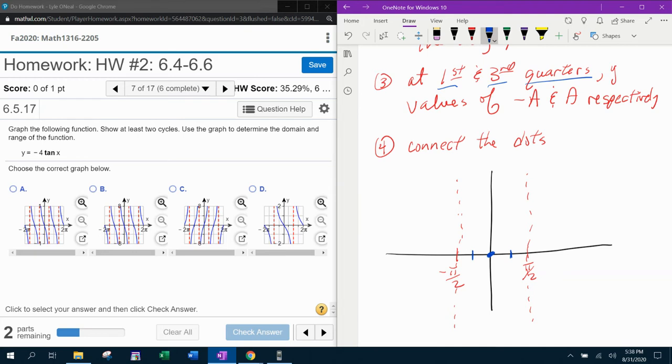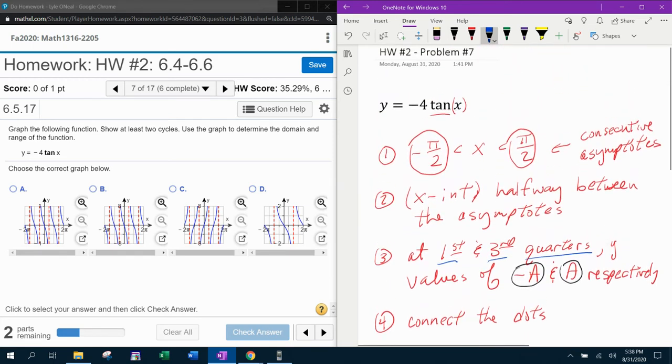Okay, so this would be the first quarter, second quarter, third quarter, and then 4 quarters make a whole space. Do you see what I mean by quarters? It breaks it up into 4 spaces. Whoops, and I got rid of my y-axis. There we go. So at the first quarter, we're going to be at negative a, and at the third quarter, we're going to be at positive a.